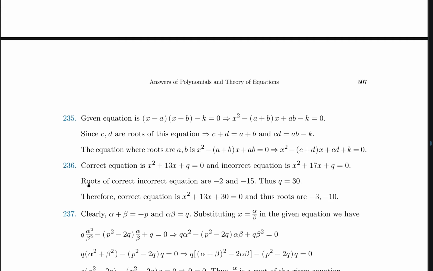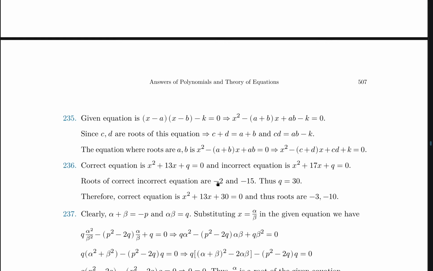So the roots of the incorrect equation are -2 and -15, thus q is equal to 30. Now we plug the value of 30 into this equation, so it becomes x² + 13x + 30 = 0. And thus the roots are -3 and -10.